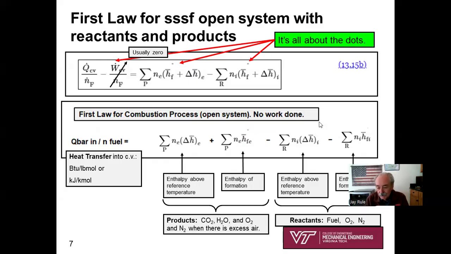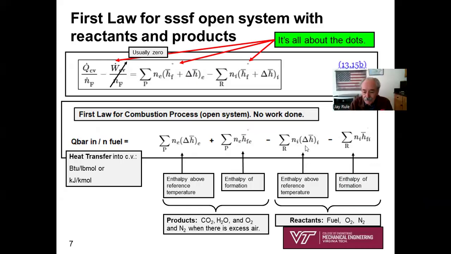Okay. These last two terms, minus what's going in. It's going to be the enthalpy above a reference temperature for the reactants. Well, you've got fuel, oxygen, and nitrogen. And then also minus the enthalpy of formation of these constituents, both fuel, oxygen, and nitrogen.